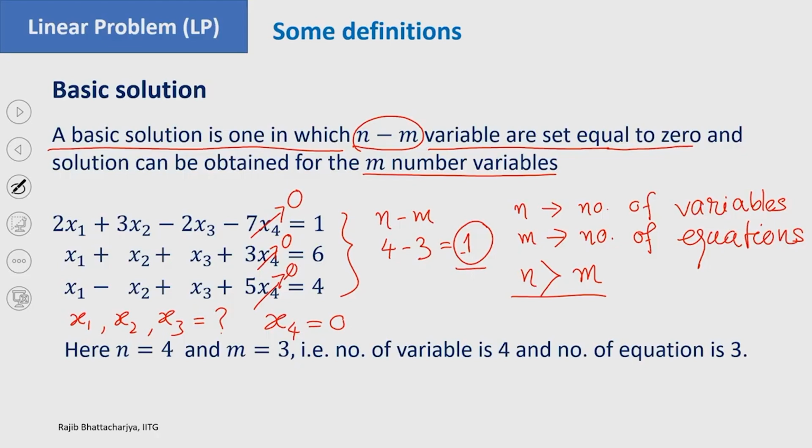Here n minus m variables are set equal to 0. In this particular case we have 4 variables and 3 equations, therefore one variable will be set equal to 0. Any variable, suppose I have taken x4, but you can also take x2. Whatever solution you get, we can say it is a basic solution.